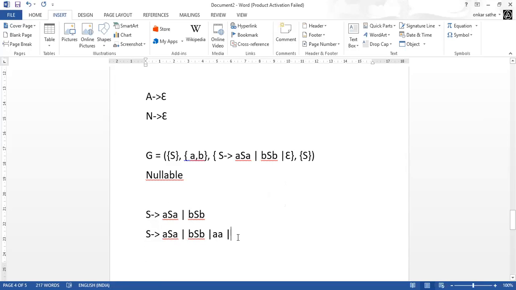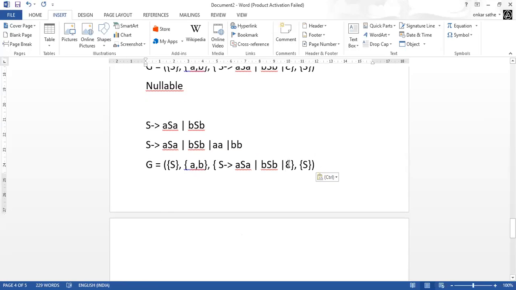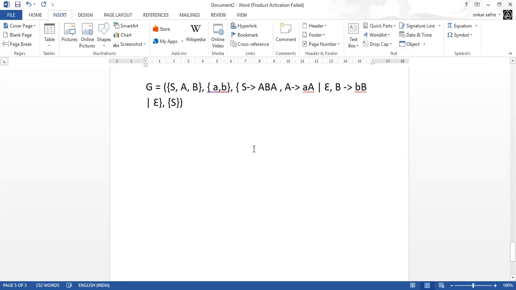So here add the production BB. Now here is the grammar: S gives ASA, BSB, AA and BB after removing the nullable non-terminals. So we can write the resultant grammar as: now remove this epsilon production and instead of this we have to add two newly formed productions, that is AA and BB.